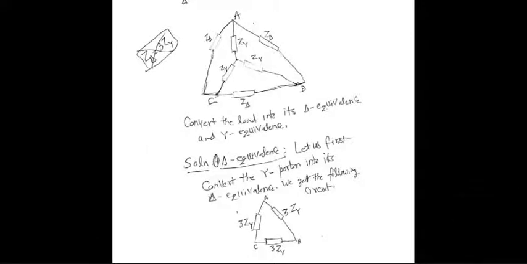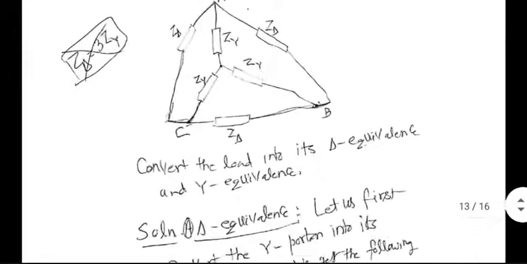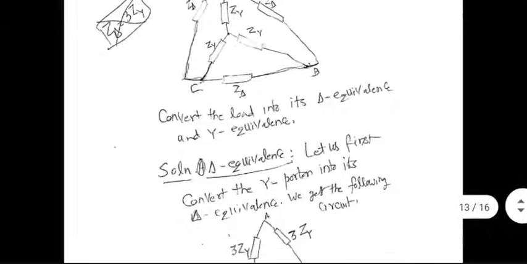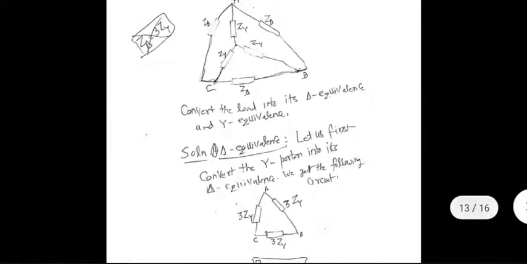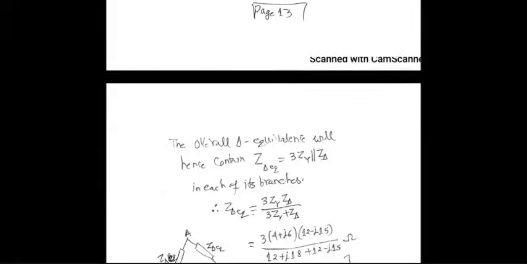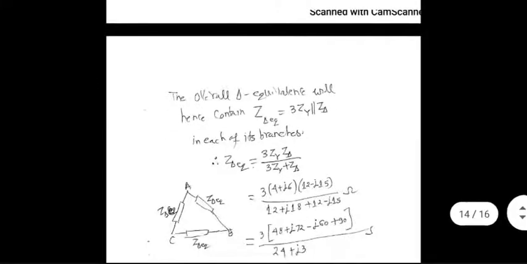If I replace the star load in the original load by this equivalent delta load, then between A and C, I'll have two impedances in parallel, Z delta and 3ZY. And similar story in the other branches also. Yeah, so that combination I have figured out, and I have got the equivalent impedance in each branch of the delta load.